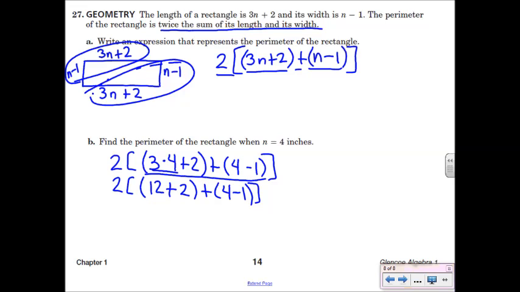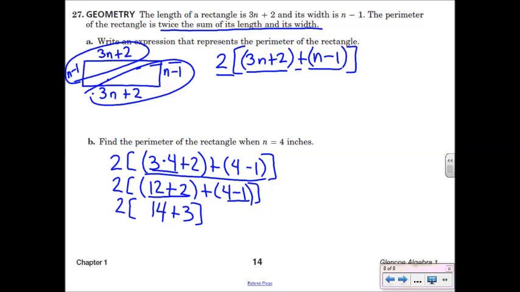Alright, now within each parentheses, I can take care of addition and subtraction because that's all that's left. 12 plus 2 is 14, and 4 minus 1 is 3.